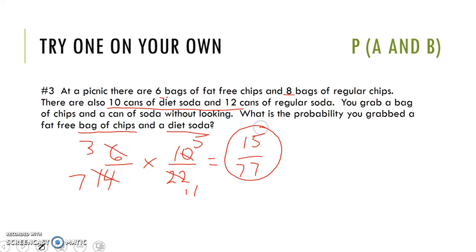So the probability would be 15 out of 77. If you took 15 divided by 77 on your calculator, that's about 19.4%. That would be the probability that you pick both a fat-free bag of chips and a diet soda.